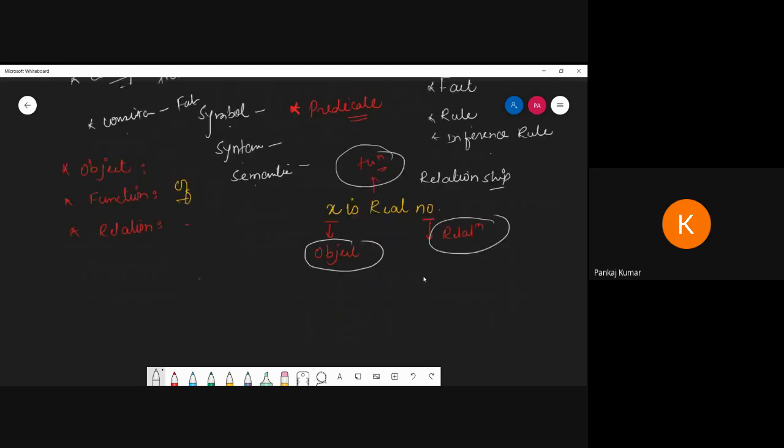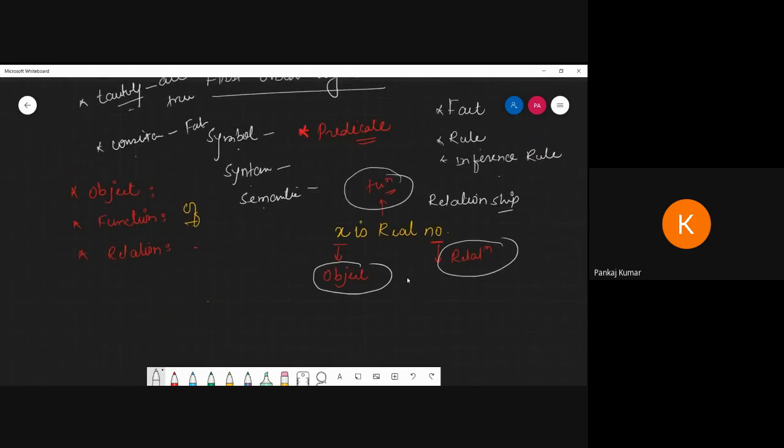Okay, so now see what happens for your exam purpose. They will ask you in a one-mark question what is the symbol, what is the syntax, what is the semantic, what is the predicate, what is the logic, what is propositional logic, give me an example. So this type of questions they can frame. So don't worry.